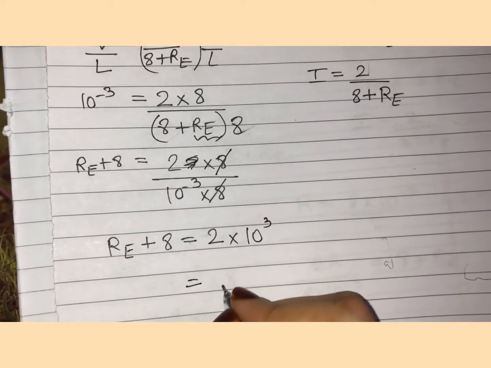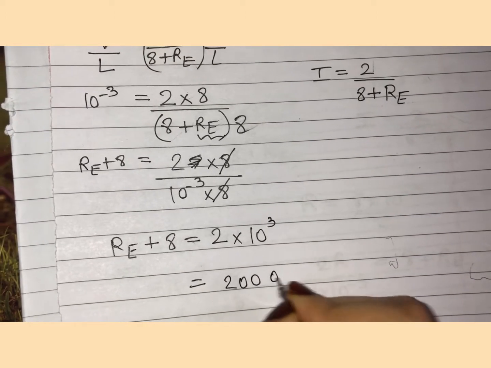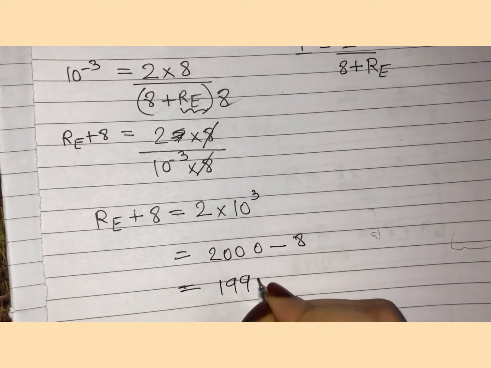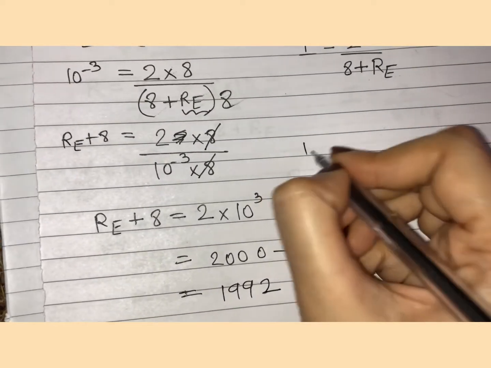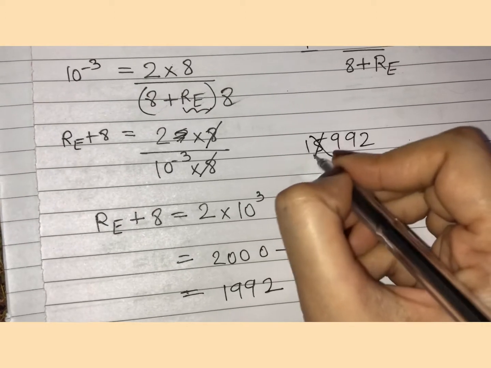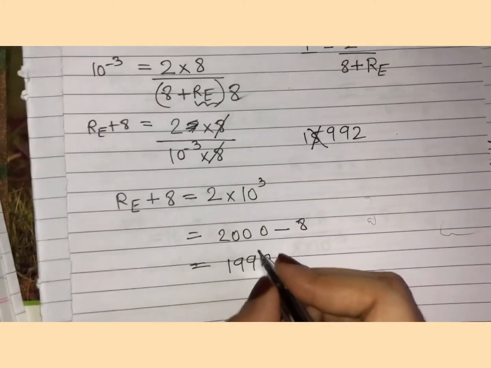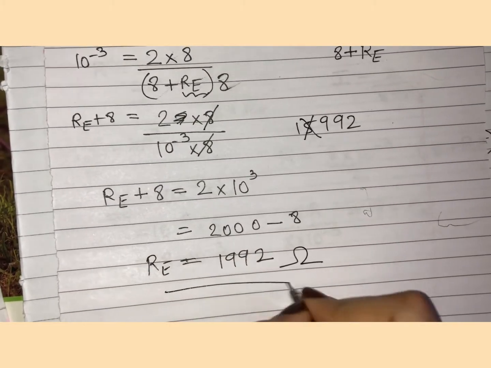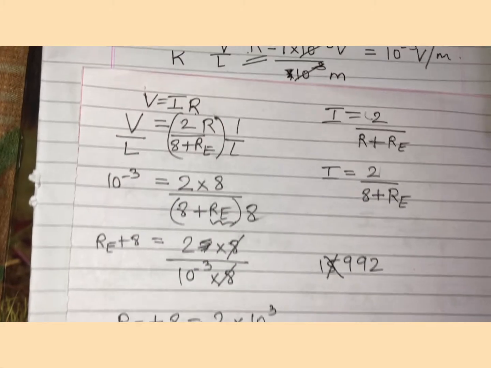So 2 into 10 raised to 3 is 2000, minus 8. 2000 minus 8 is 1992. In your textbook the answer is 15992. It is a printing mistake, a 5 is wrongly printed. This is the answer. So the value of the external resistance is 1992 ohm. Okay, you understood?